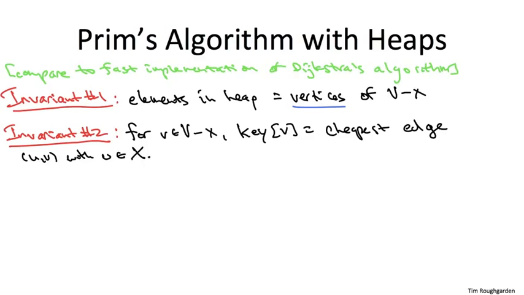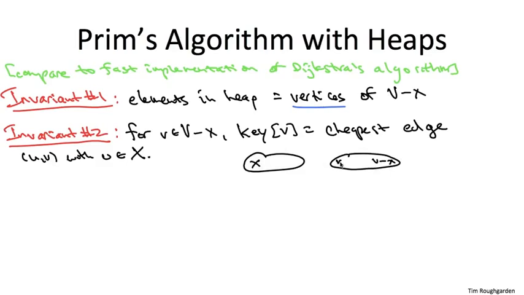So I think a picture will make this definition clear. So consider some snapshot of Prim's algorithm at some iteration. We have our vertices X that we're already spanning. We have our vertices V minus X that we're not spanning. And remember, the elements of the heap by invariant 1 are exactly the vertices on the right-hand side, the vertices of V minus X. So we're trying to define the key value for some vertex in the heap.